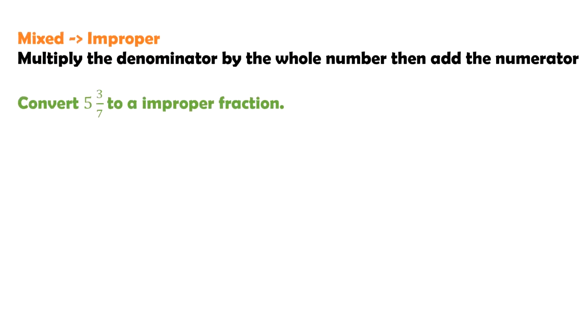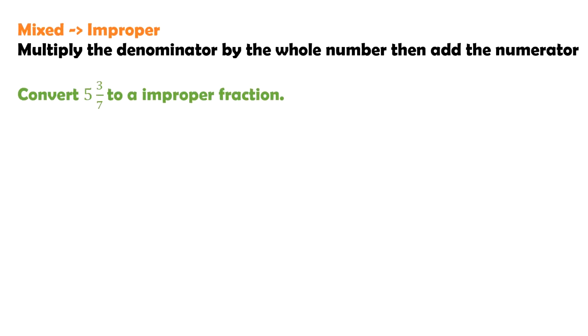The next one we're looking at is converting from a mixed numeral to an improper fraction. To do this, we multiply the denominator by the whole number, then add the numerator. Again, I'm going to write our mixed numeral. Essentially, we're going to be multiplying here and then adding up here.